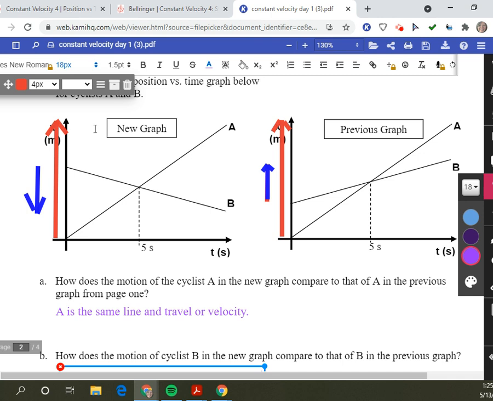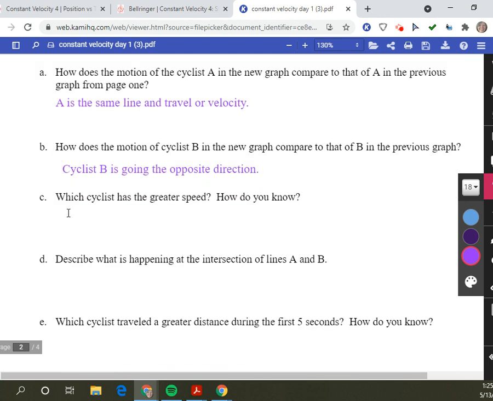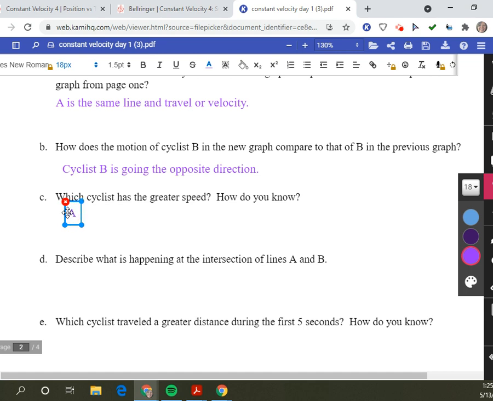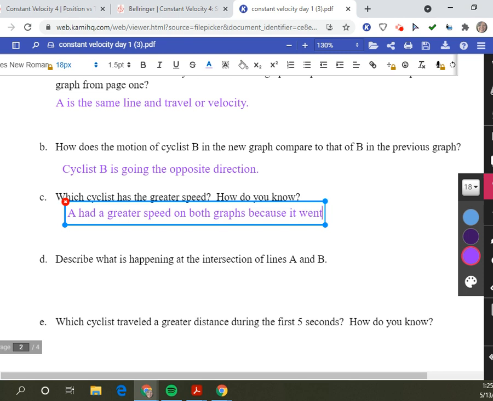So if I go farther in the same time, I have to be going faster. So A had a greater speed on both graphs because it went farther in the same time. Okay.